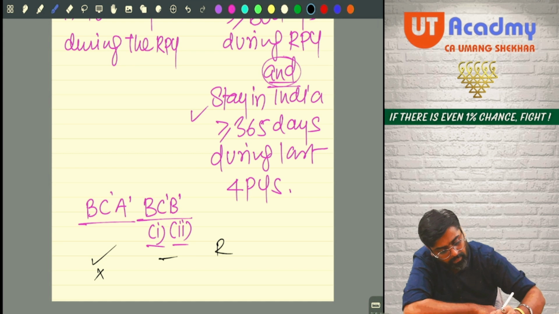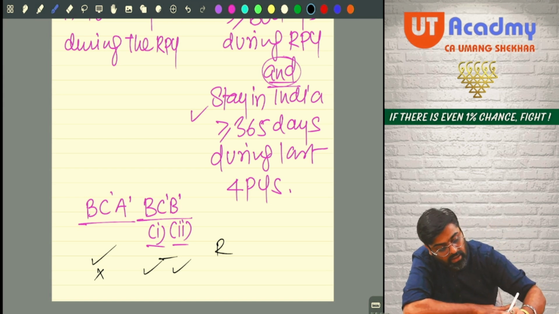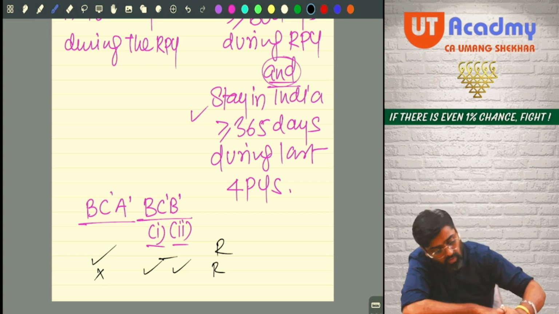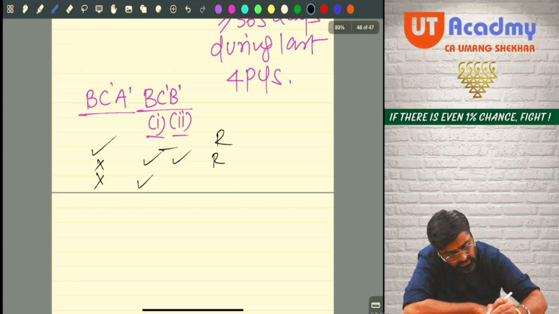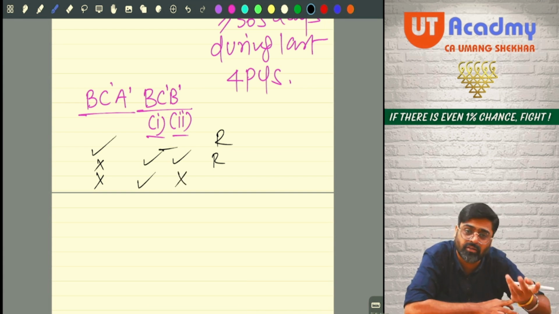And if basic condition B part 1 is also fulfilled and part 2 is also fulfilled, that means basic condition B is fulfilled. That means you are a resident by satisfying basic condition B. But sir, what if basic condition A is not fulfilled, B first part is fulfilled, B second part is not fulfilled? Meaning B is not fulfilled. To fulfill B, both parts must be fulfilled.